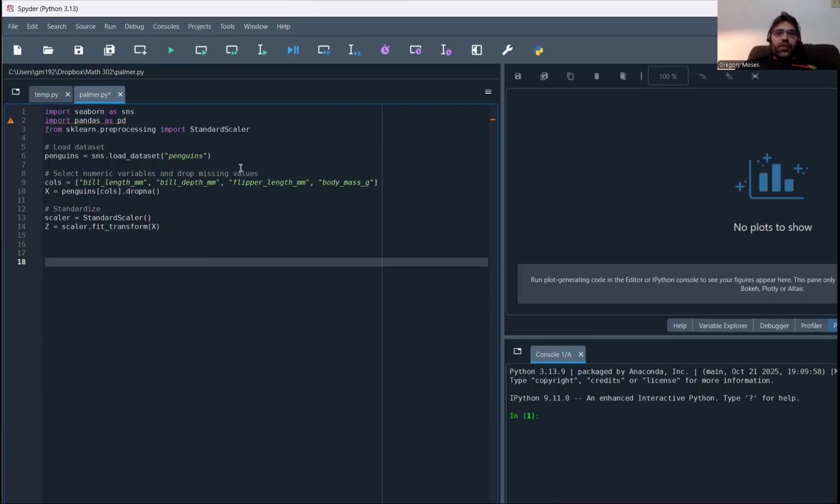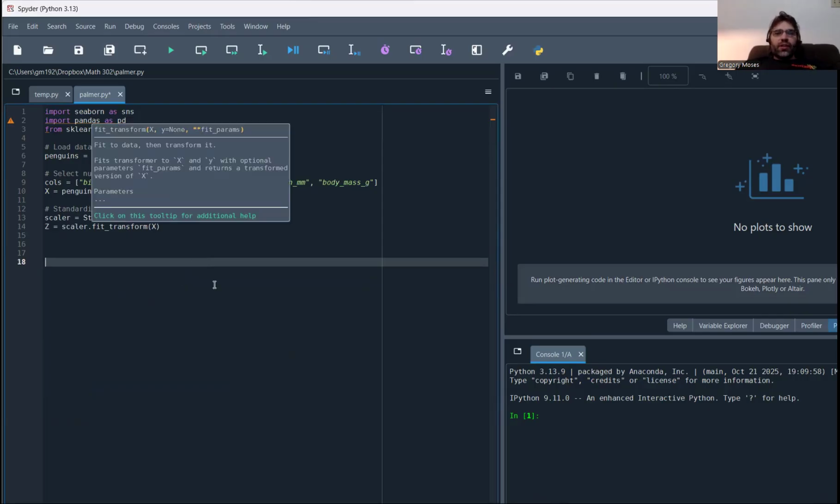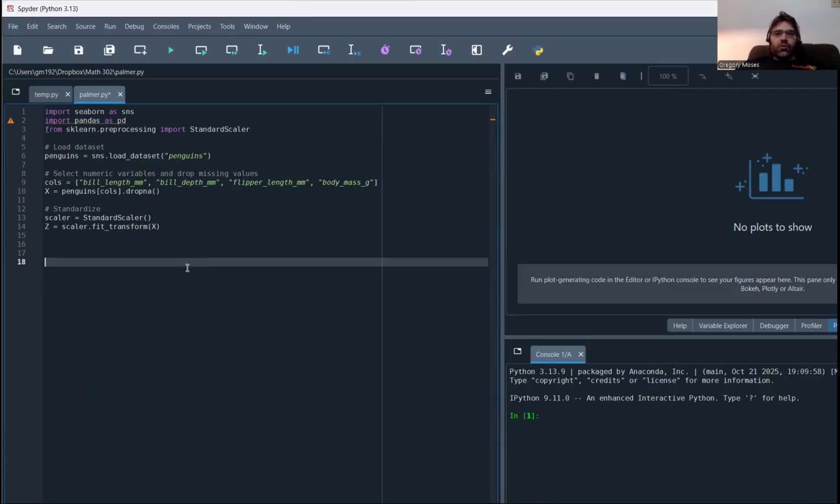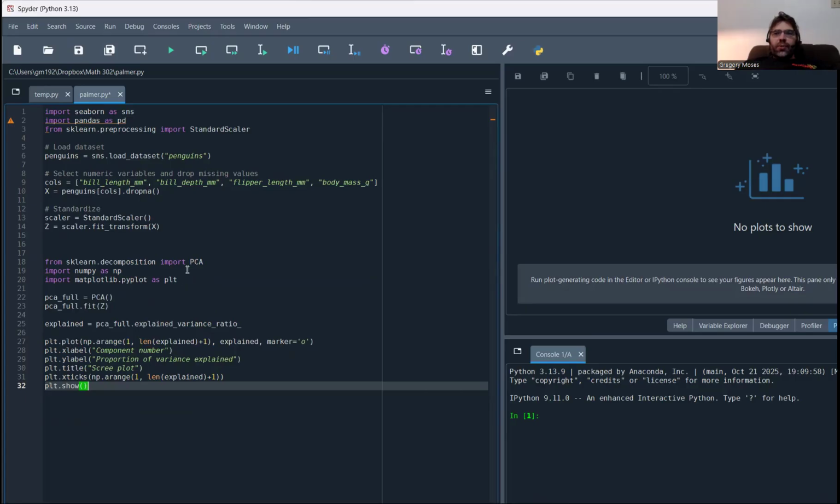If we do PCA on the penguin data set, first we should scale it with standard scaler. And then we need to decide how many dimensions we're going to keep. So let's take a look at a scree plot.